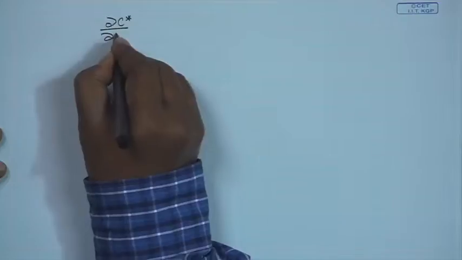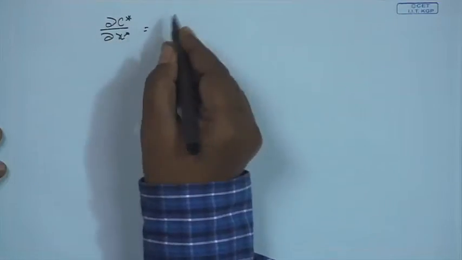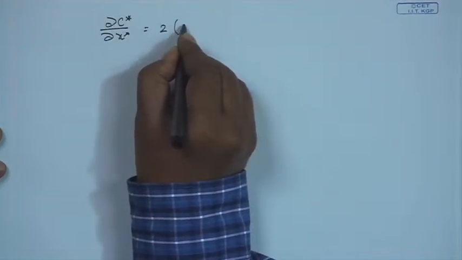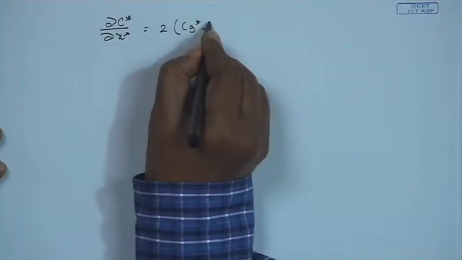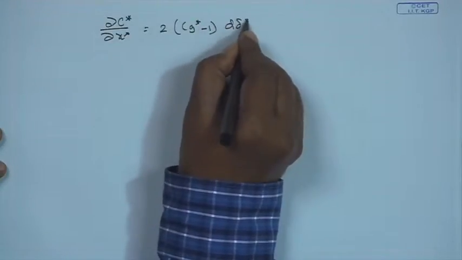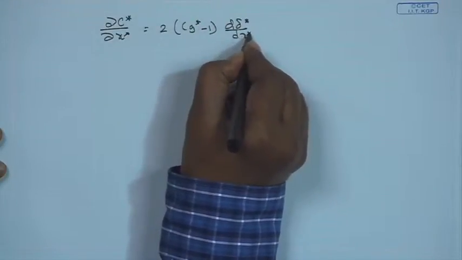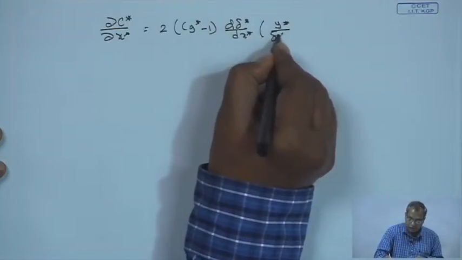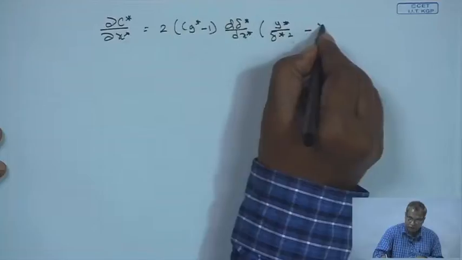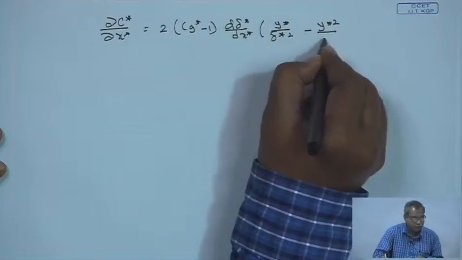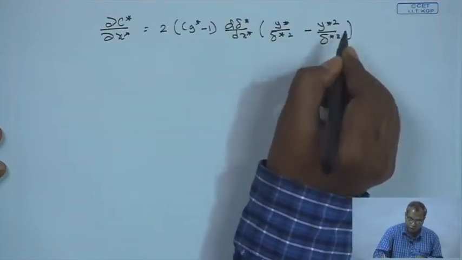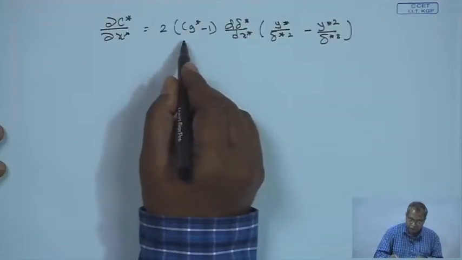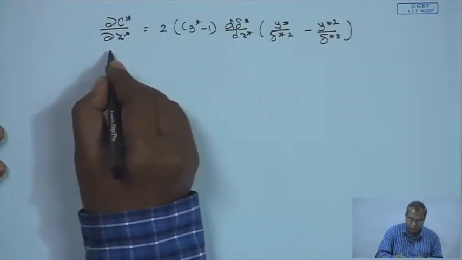So, del C star del x star will be nothing but 2 C g star minus 1 d del star dx star, y star by del star square minus y star square by del star cube, and I am just omitting a step and writing the final expression.